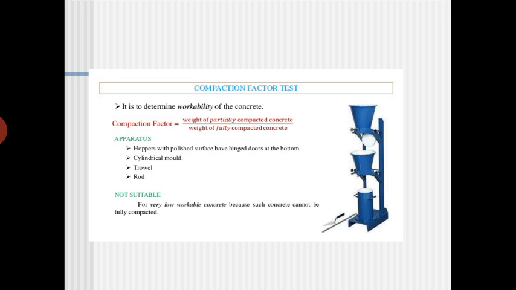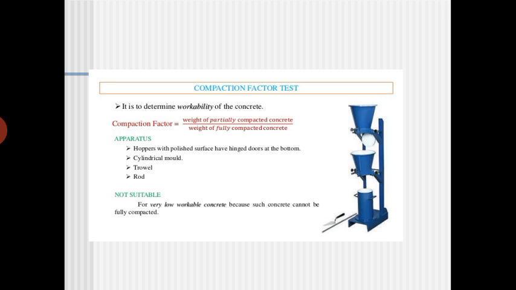So normally 0.8 is the better value for this compaction factor test. Make sure that when you are doing the compaction factor test, the concrete should be well mixed, and you should follow some of the standard protocols, with the water to binder ratio of 0.45, that is a fixed value you have to follow.